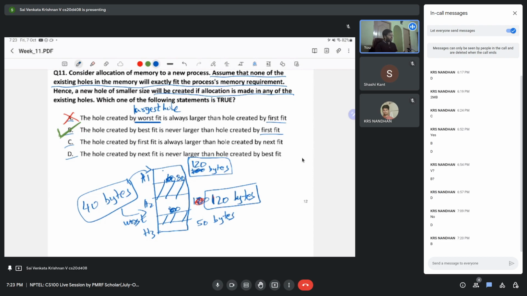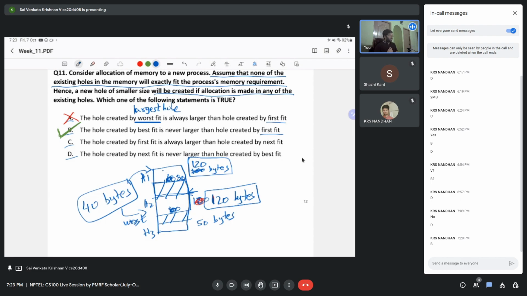And now in a next fit, what happens is, say the scan pointer is pointing over here. This one is the last allocated hole. So that scan pointer will start scanning from this location. So if it starts scanning from this location, it will see, okay, the starting itself it sees 120 bytes, 40 bytes can fit in over here.